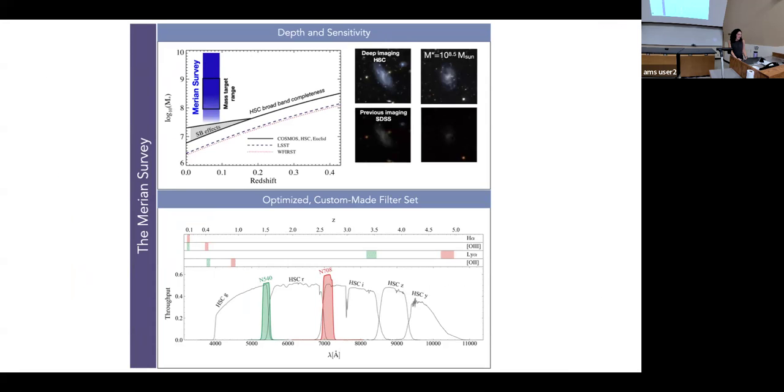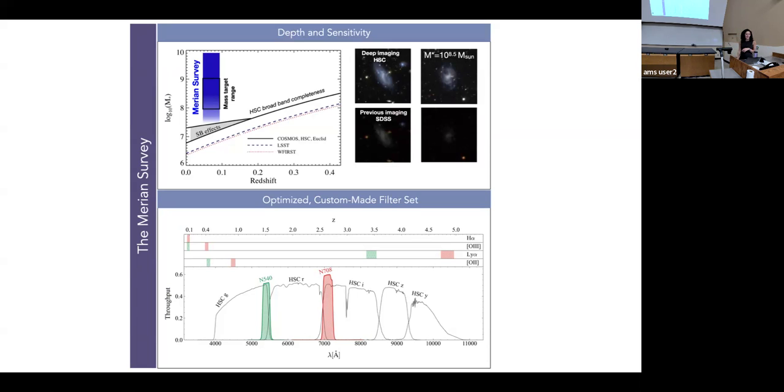Okay, so basically what Mirian does is use two custom designed medium band filters to estimate redshifts for dwarf galaxies that are within a certain range of redshifts. So if you have galaxies that have spectroscopic emission lines and these galaxies fall within a certain redshift range, then those objects will pop up as really bright in these two different medium band filters.